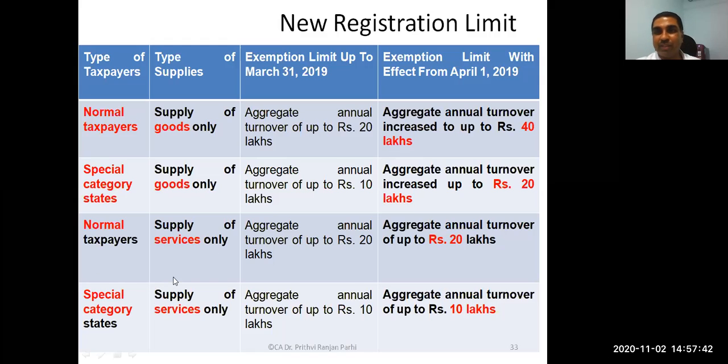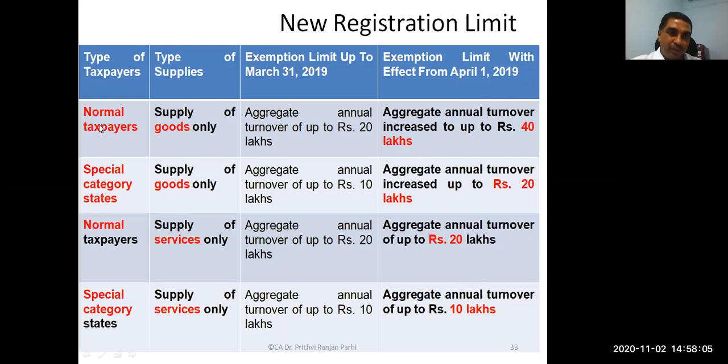Special category states means those 4 states. The exemption limit up to 31st March 2019 is specified in the 3rd column. But what is relevant for us is the current limit, that is the exemption limit with effect from 1st April 2019. We'll remember this 4th column.